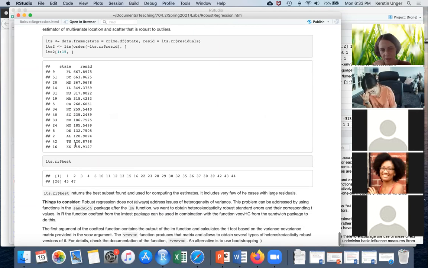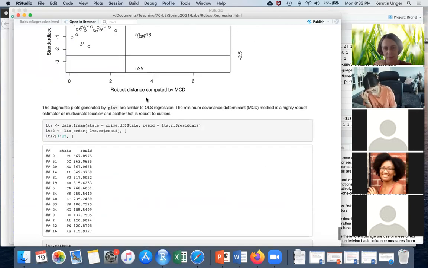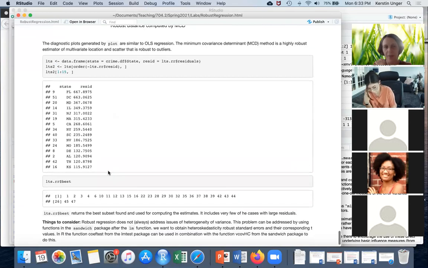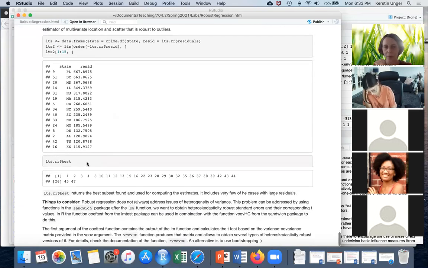The object that we are creating here, our regression object, has a few additional features, in the same way that the object for the M estimator had these weights that are assigned. Here we have an additional field that tells us which were the cases that were used to estimate the model.